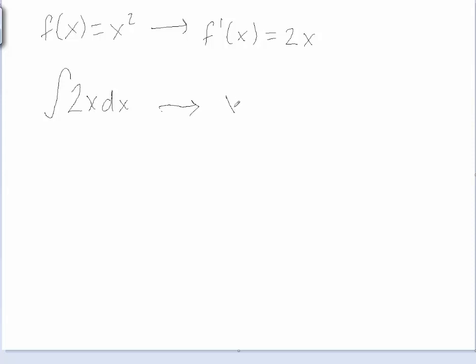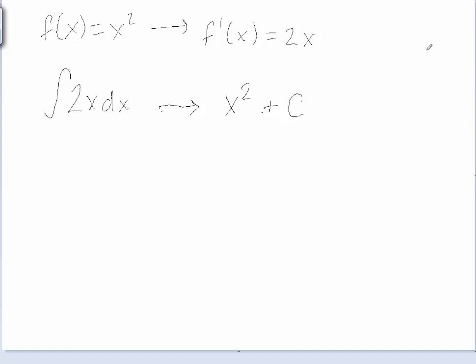And just knowing what we know right here, we could say, well, x squared has a derivative of 2x. But what we're going to do here is always add a constant c.